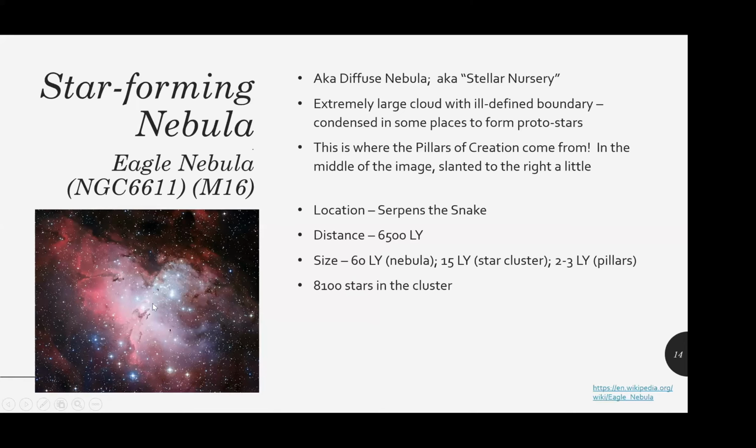The star cluster here in the center is 15 light years across, and the Pillars of Creation themselves are 2 to 3-ish light years across. There are over 8,000 stars in this cluster that have been formed in this nebula. And you can tell that there is still a lot of gas that still hasn't been used up, so to speak, so there might be more that form in the future.